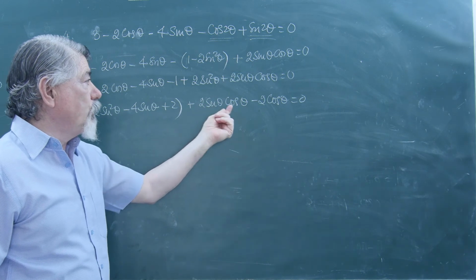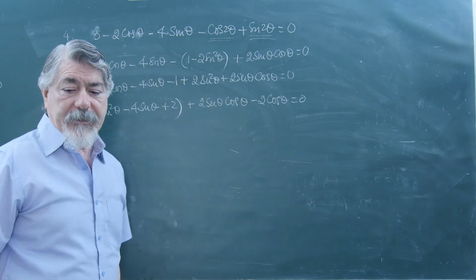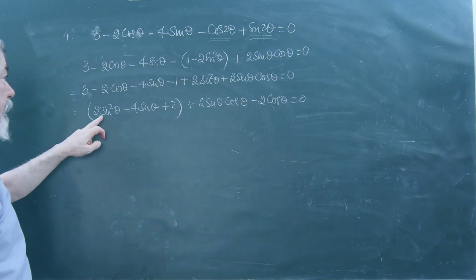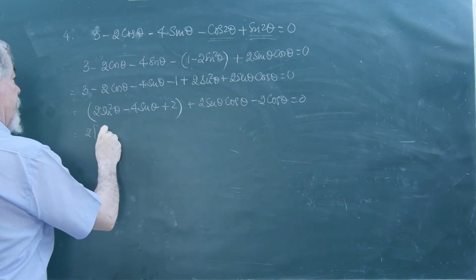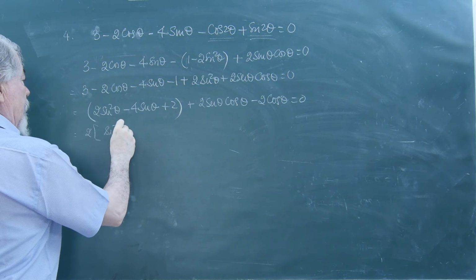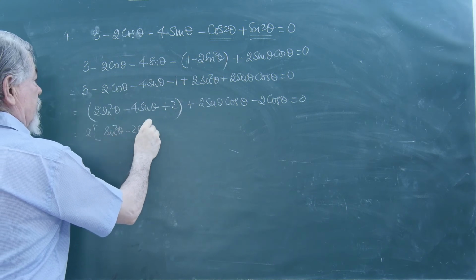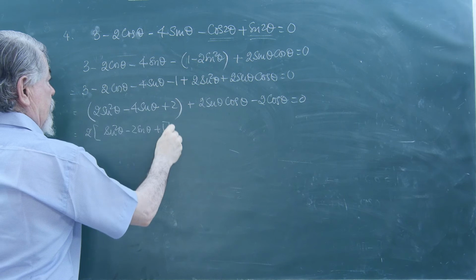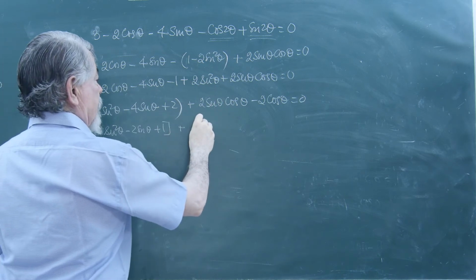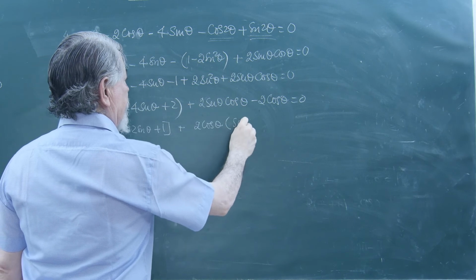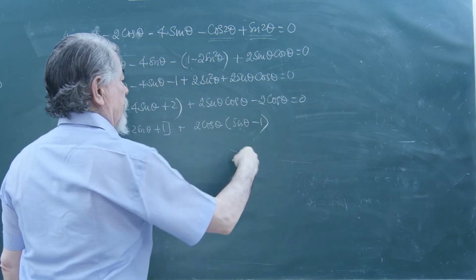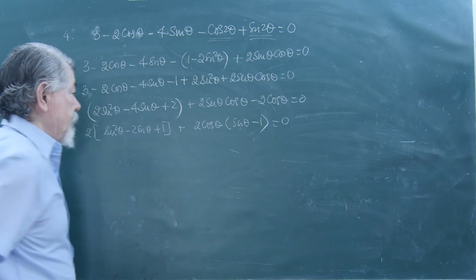Now in this also I can take out 2 common. What will be left? Sine square theta minus 2 sine theta plus 1. You take out 2 cos theta common there. What will be left? Sine theta minus 1 is equal to 0.